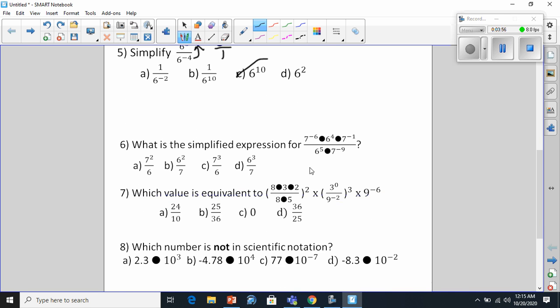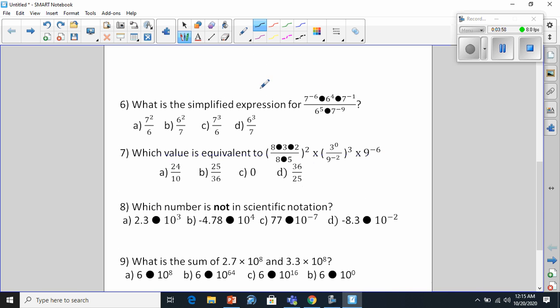All right, 6. What is the simplified expression of 6 times 7 to the negative 6 power times 6 to the 4th power times 7 to the negative 1 power, all over 6 to the 5th power times 7 to the negative 9 power? Well, we can remember that we can't mix bases up, so the 6's can go together.